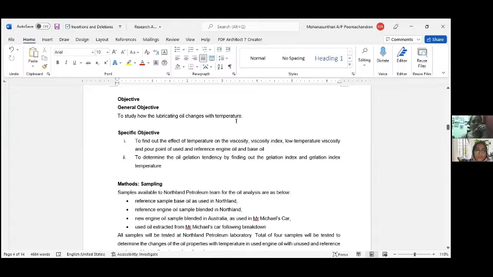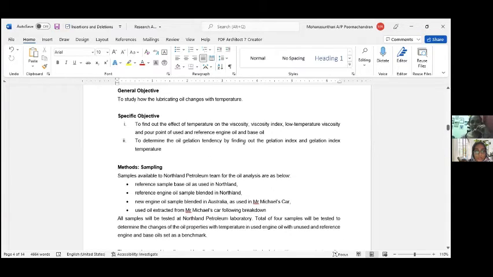There are also studies saying that oil can gelatinize if it is exposed to low temperature for quite a long time. So we want to prove whether our oil has this tendency to gelatinize.